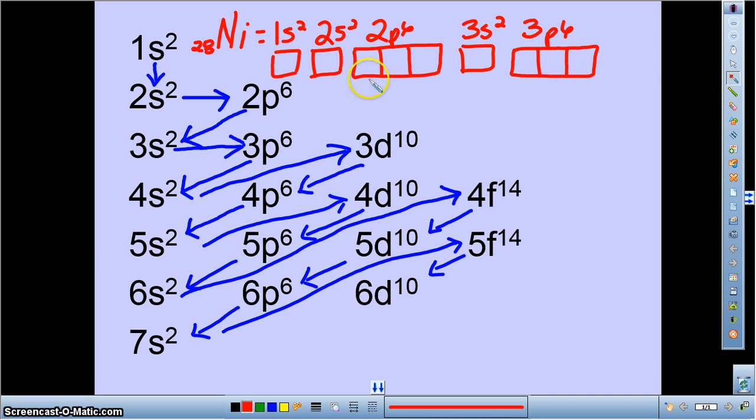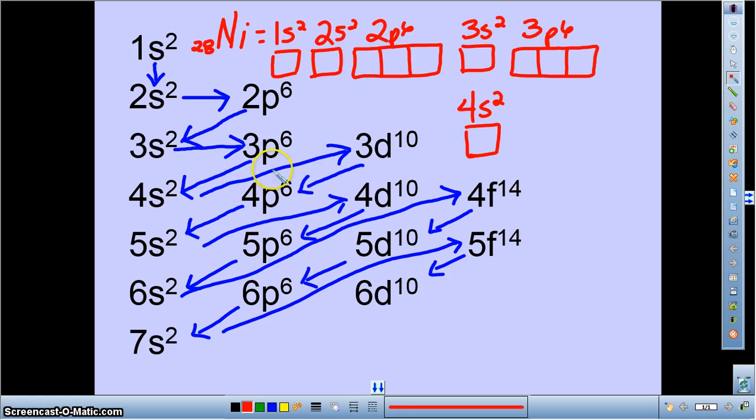Now let's check numbers of electrons. So we have 2, 2 and 6 is 10, 12, 18. So I still have 10 more electrons to account for. So after 3p6, I'm going to fill the 4s2. So we'll just come down here and say 4s2. That's an S, so we draw 1 box. And we're going to go out.